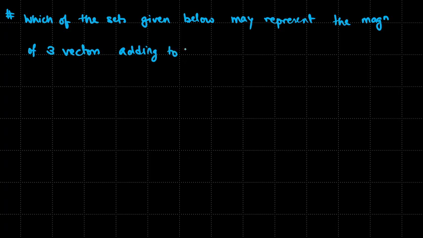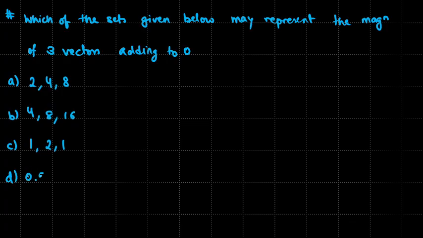So our options are 2, 4, 8; the second one is 4, 8, 16; the third one is 1, 2, 1; and the fourth one is 0.5, 2, and 1.